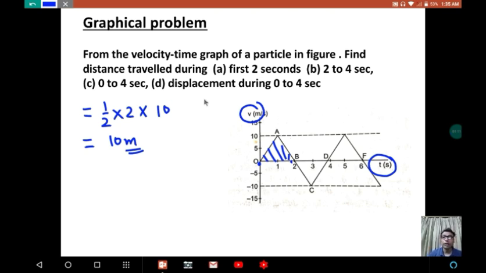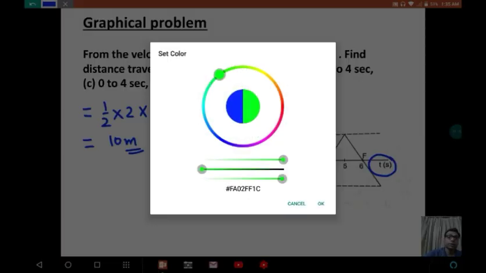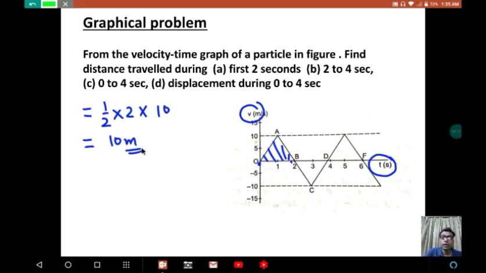Now in second case, from 2 to 4 seconds, what will be the distance? Yes, the distance is again the area under the curve. Let us name it A1. Now the A2 is half, base is 2, height is again 10, which comes to be 10 meters. Now we have to find for 0 to 4 seconds.